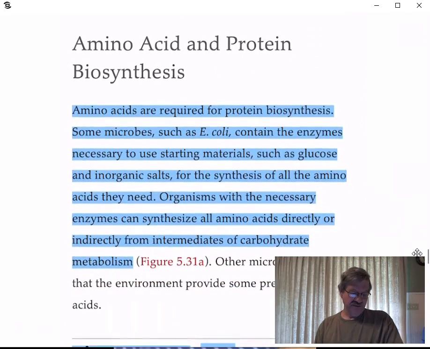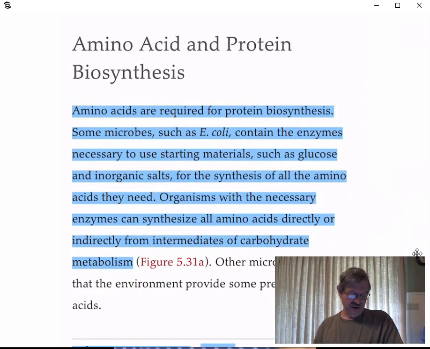Let's go down here to amino acids and proteins. In order to make proteins, you have to have amino acids. Okay, some microorganisms, like Escherichia coli, are going to have the enzymes to use materials like glucose and inorganic salts to make these amino acids.